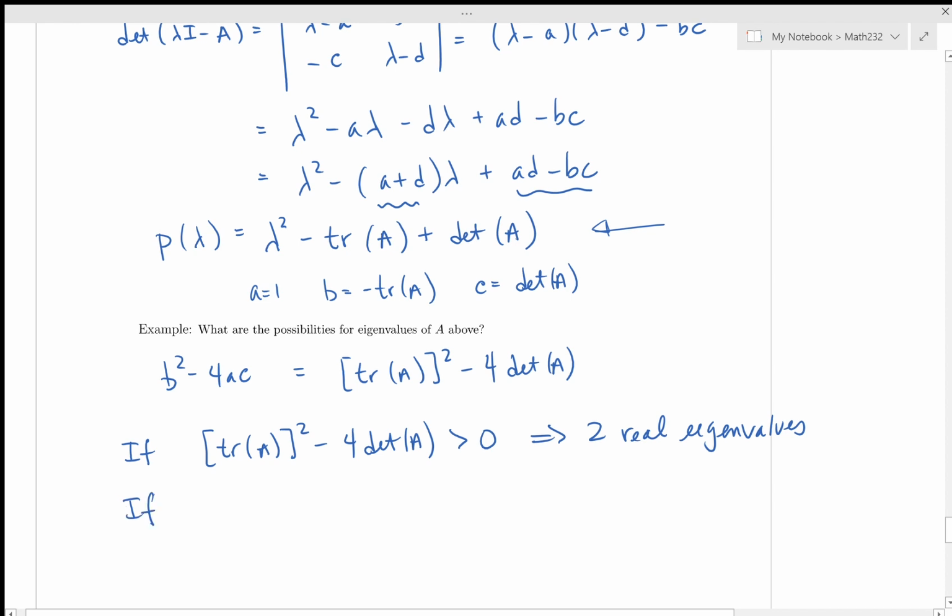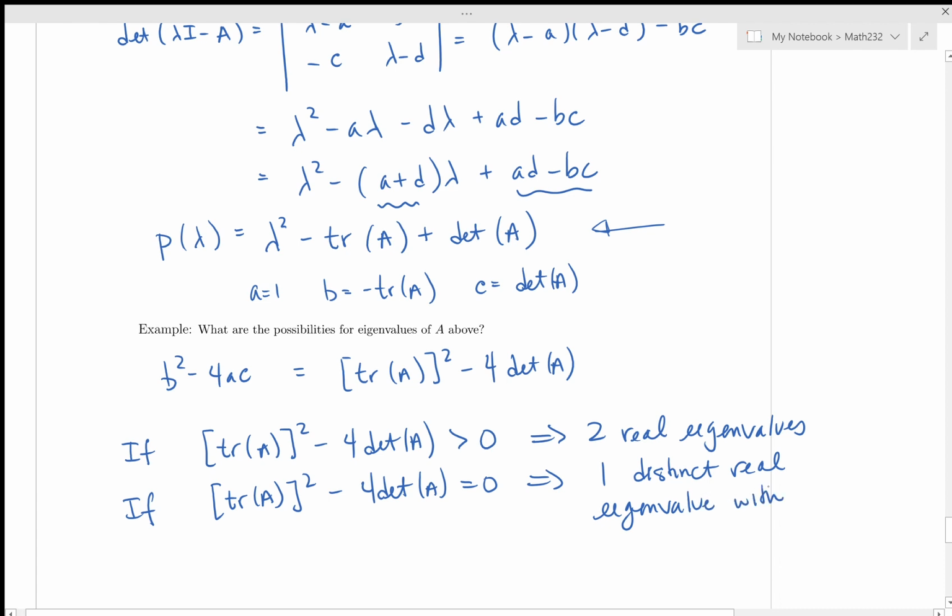If the trace of A squared minus 4 times the determinant of A is equal to 0, we get one distinct real eigenvalue with multiplicity 2.